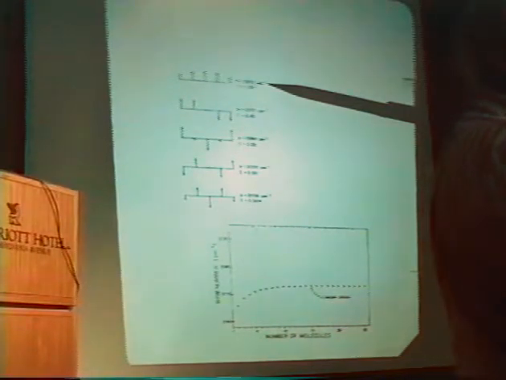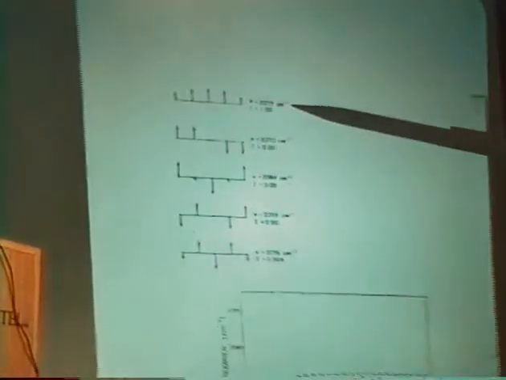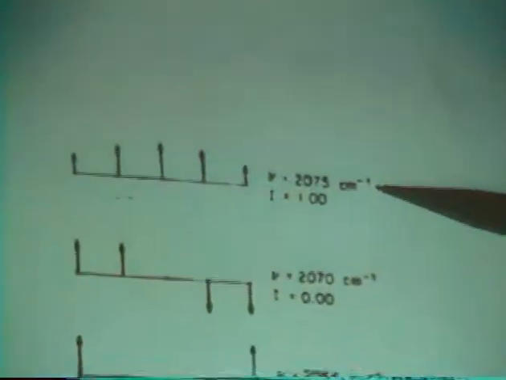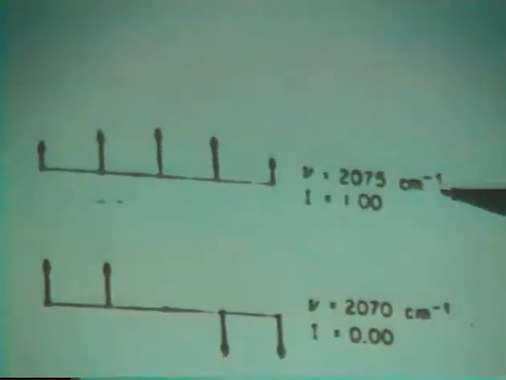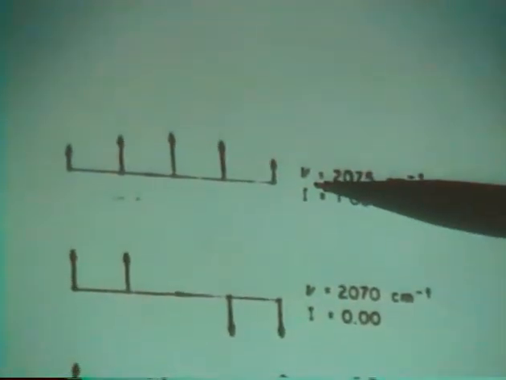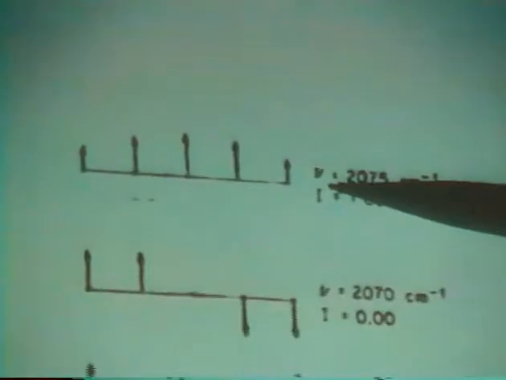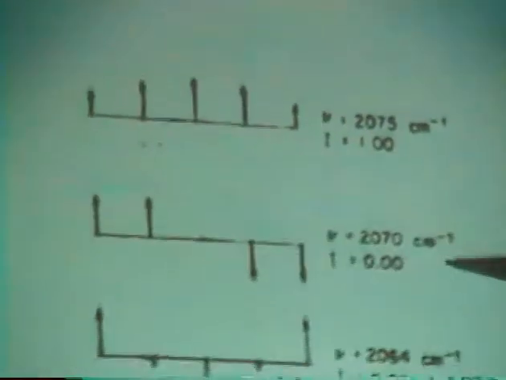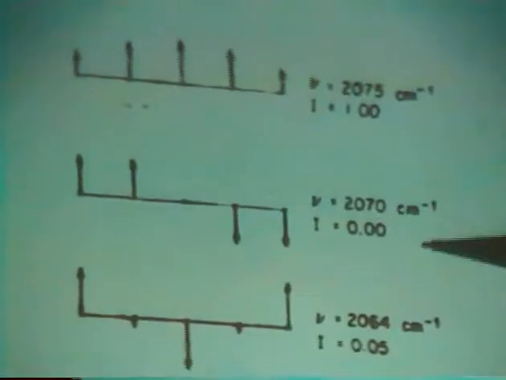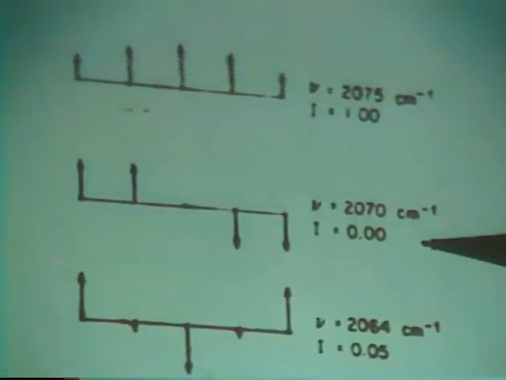To see the strength of the infrared band produced by this mode, you want to look at the magnitude of the dipole that's oscillating with this mode. And you see everything oscillating in phase here gives a big dipole oscillation, and hence a big infrared intensity. The second mode has some of the CO molecules stretching and others contracting.